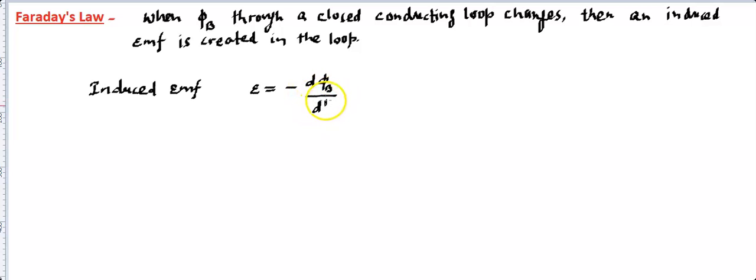So this becomes the formula for induced EMF through the loop. This is the formula given by Faraday. And what is this phi B? Phi is a flux, and it is due to the magnetic field. That's why I'm writing B, or you can simply write it as phi.